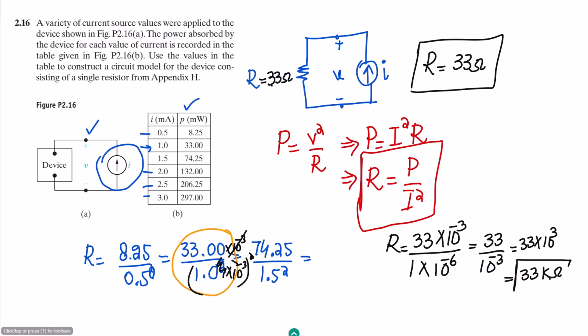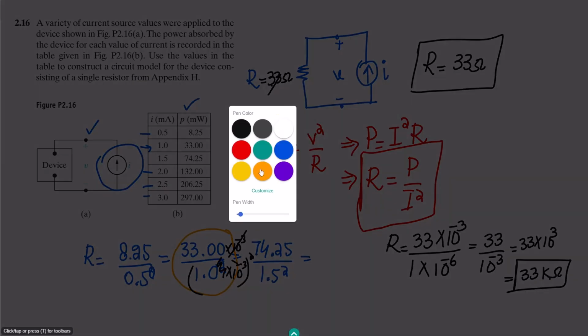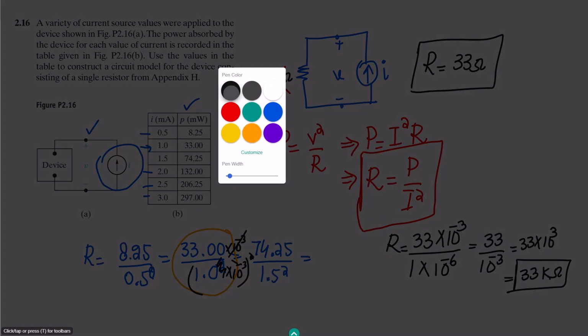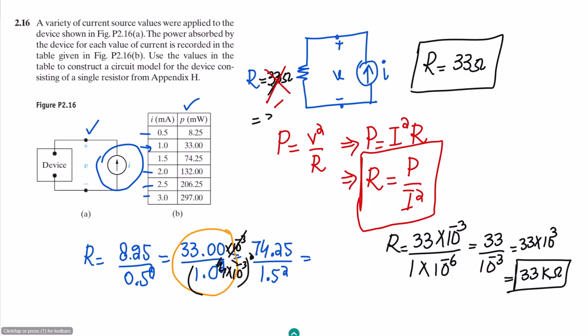So you need to keep in mind that this is not 33 ohm, while this one is 33 kilo ohm because of the terms here.